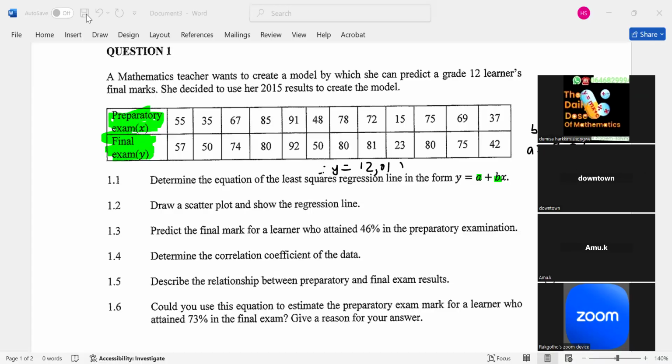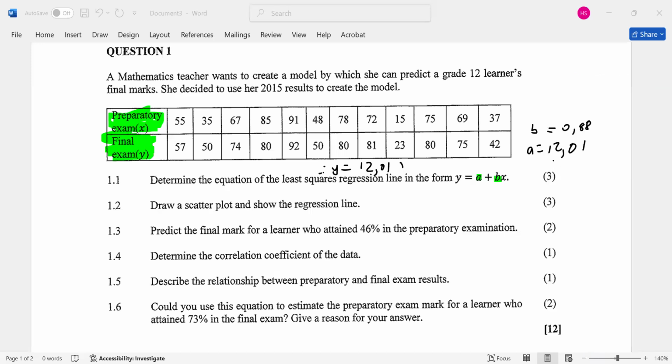The regression coefficient is 0.97. So the equation is fine.